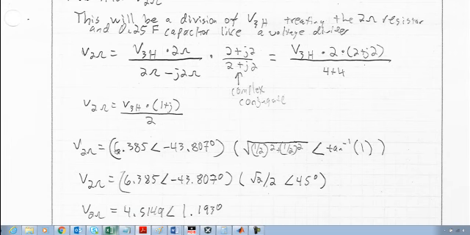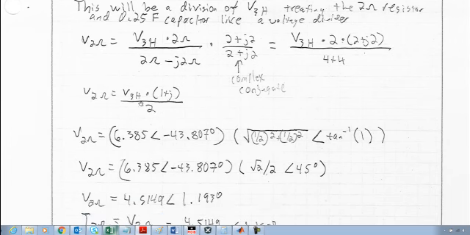This is the phasor for the voltage across the 3 Henry inductor. We're going to convert 1/2 plus J over 2 into a phasor. So I get square root of 1/2 squared plus 1/2 squared, and my phasor angle is going to be the inverse tangent of 1/2 over 1/2, or just 1. And I know from a basic trigonometry class that that's 45 degrees. And then if you work out this square root, that ends up being square root of 2 divided by 2.